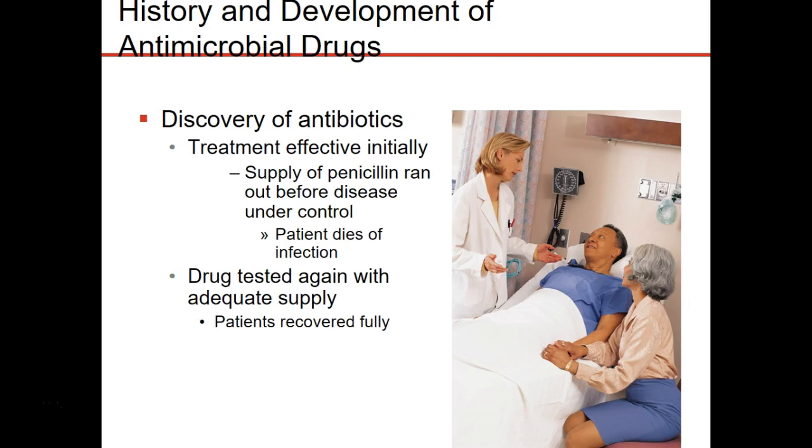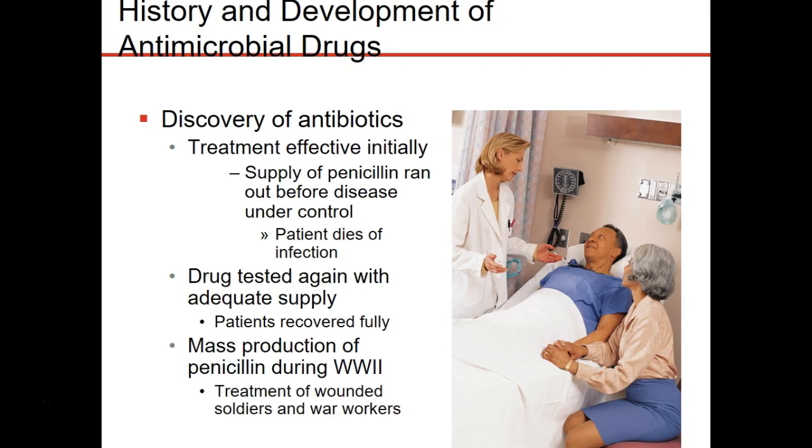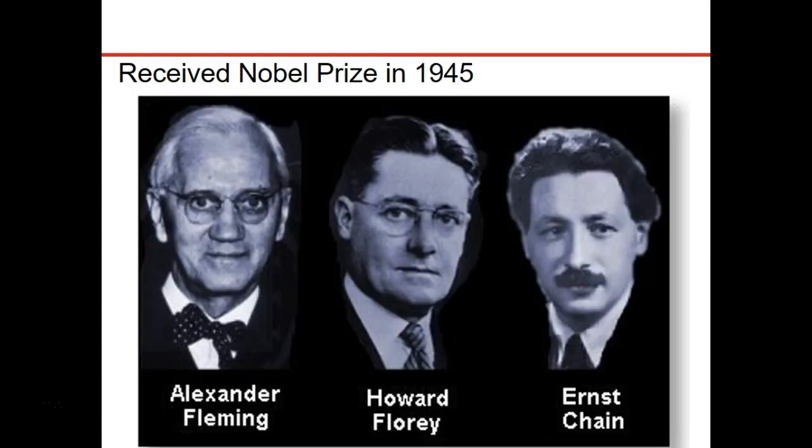The patient fully recovered, and then they were able to use it to treat infections during World War II. So this was like the treatment, and it saved soldiers all around the world. So this was like huge.